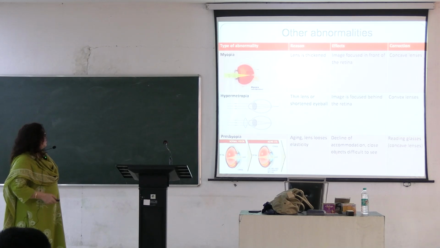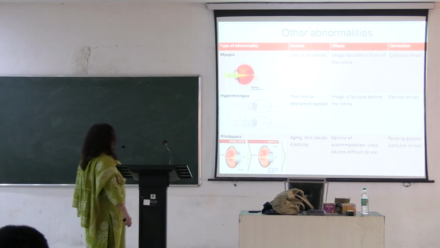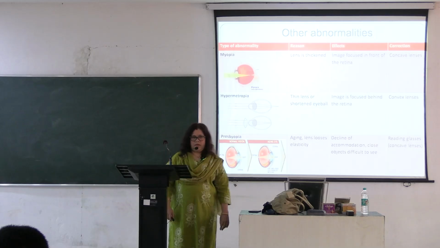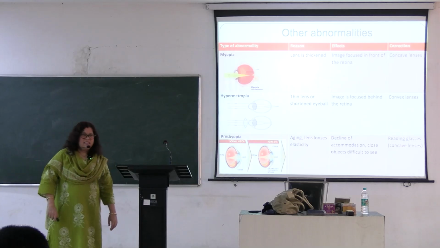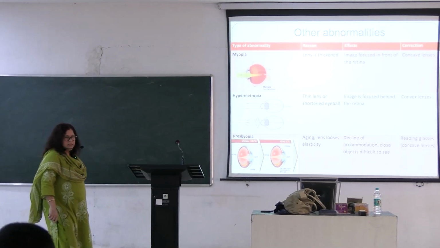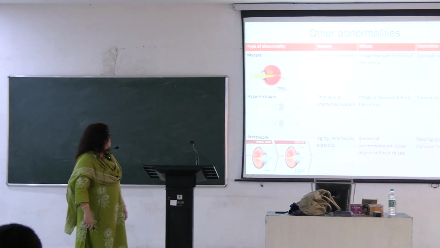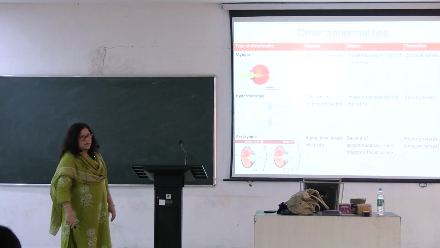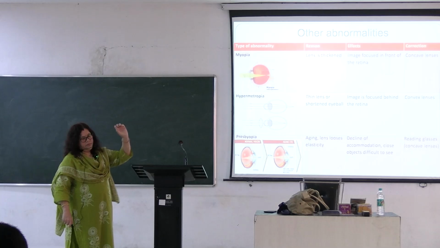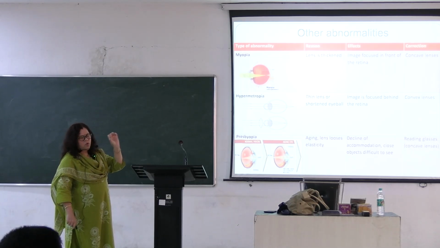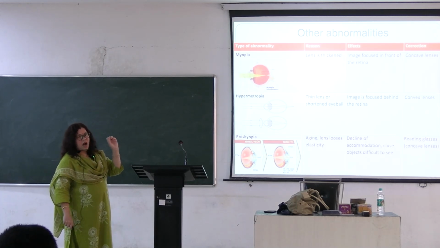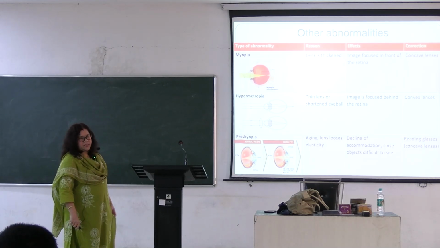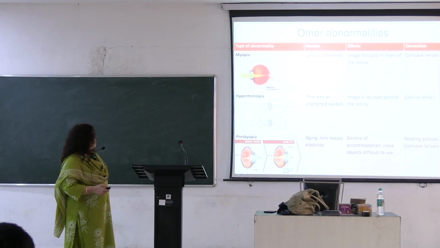Here, abnormalities of focusing. When there are changes in the shape of the cornea or lens, light rays coming from infinity are not focused at the retina but somewhere other than the retina, which causes refractive abnormality.